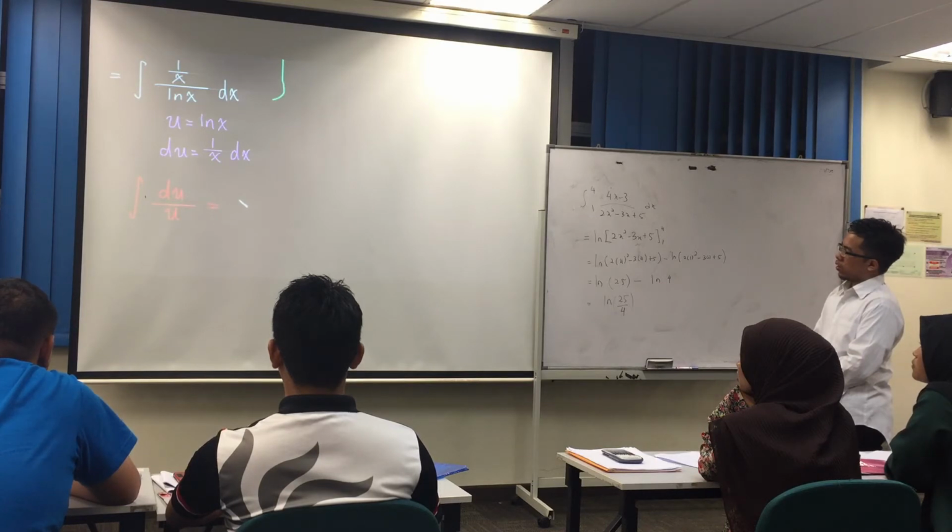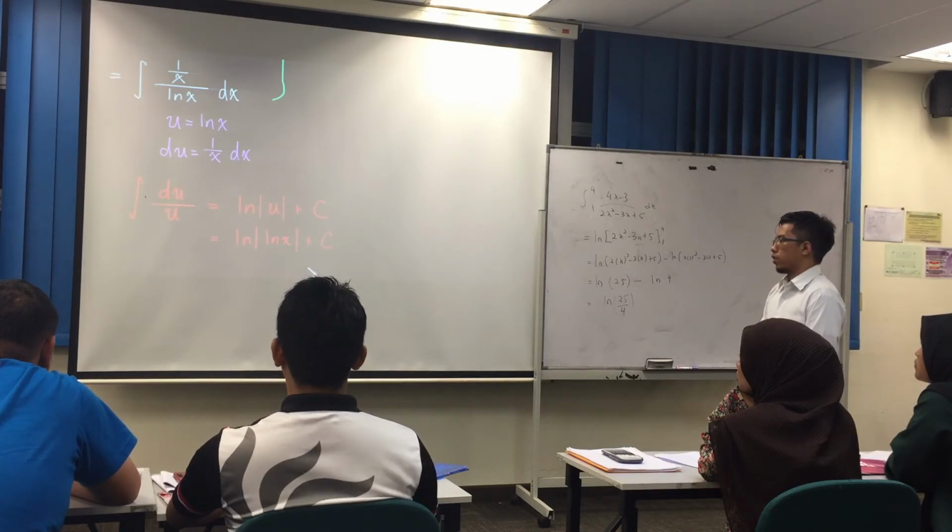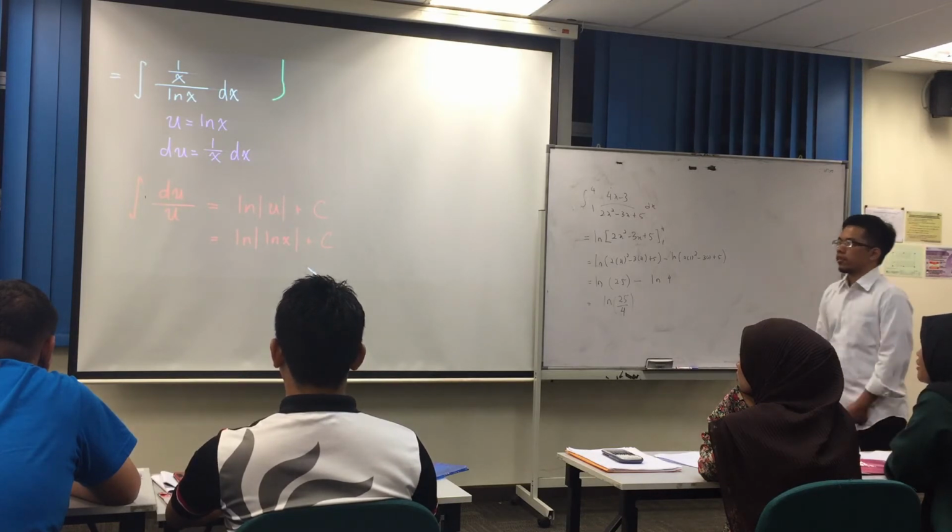This is equal to the natural log of u plus c. And what is u? It's the natural log. So this comes out to be the natural log of the absolute value of the natural log of x, plus c. I know it looks strange, but there it is. That's our answer. Okay, see you in the next video.